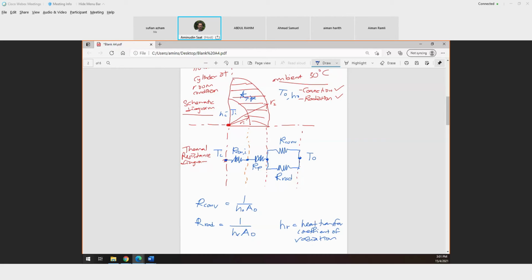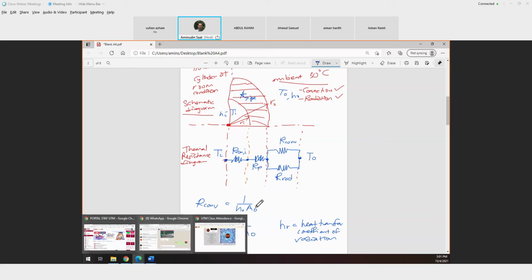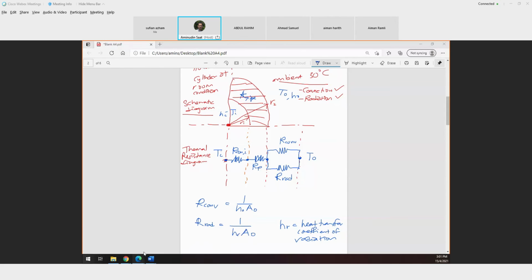If you're not aware, this HR can be calculated using the equation in chapter 1. Where is the textbook?